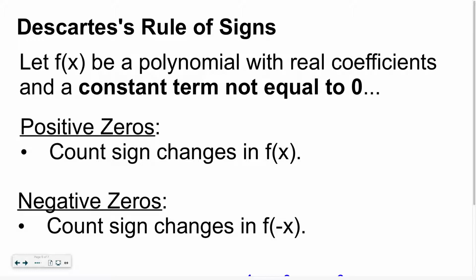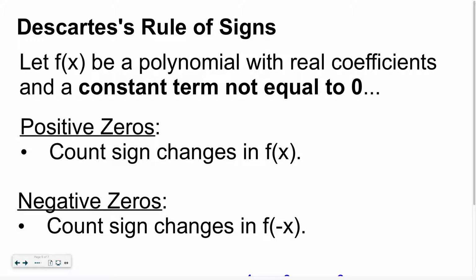Again, think about that first line. That first line in mathematician speak is just telling us when we can use Descartes' rule of signs. So f of x has to be a polynomial. It has to have real coefficients. And then your constant term should not be equal to 0. And then there are two checks for Descartes' rule of signs.